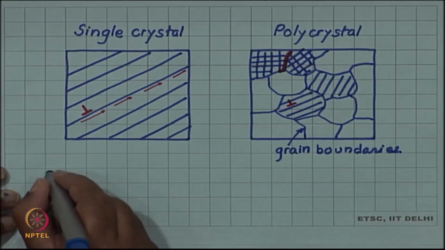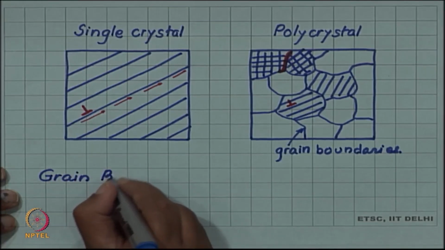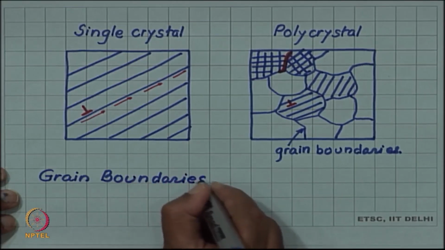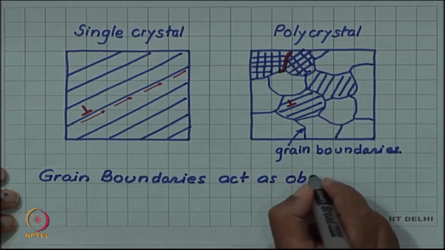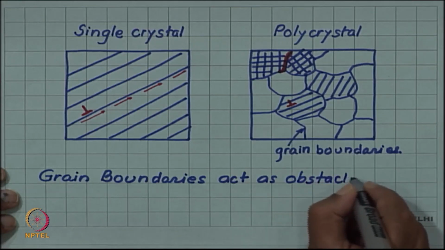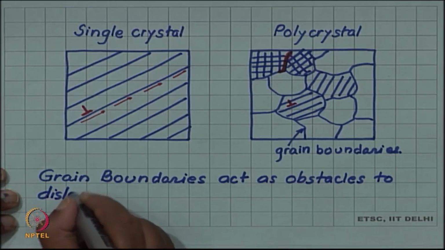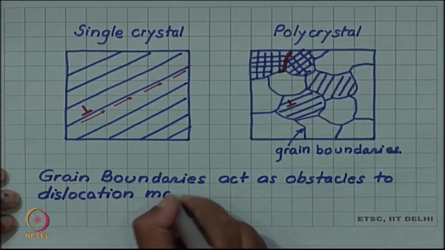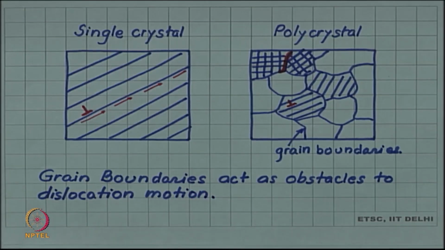So, grain boundaries act as obstacles to dislocation motion.